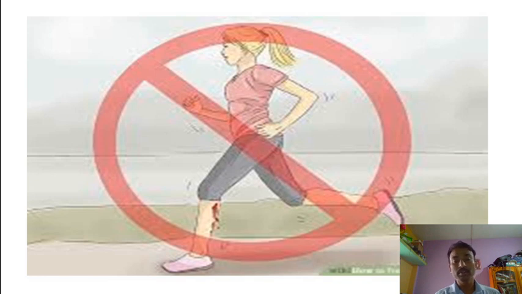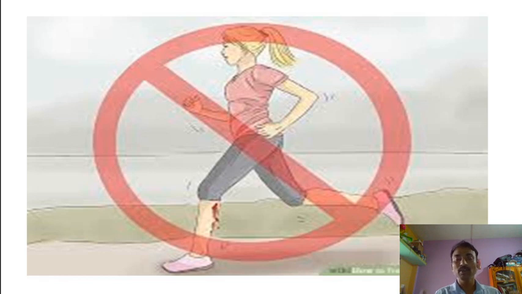The victim should not run away. Suppose a snake bites me and I run fast to reach the hospital. This should be avoided, because when we run, our metabolic activity increases. Metabolic activity means the blood circulates faster.